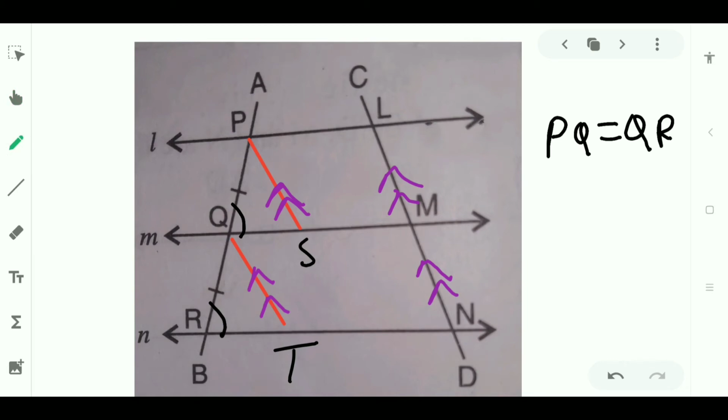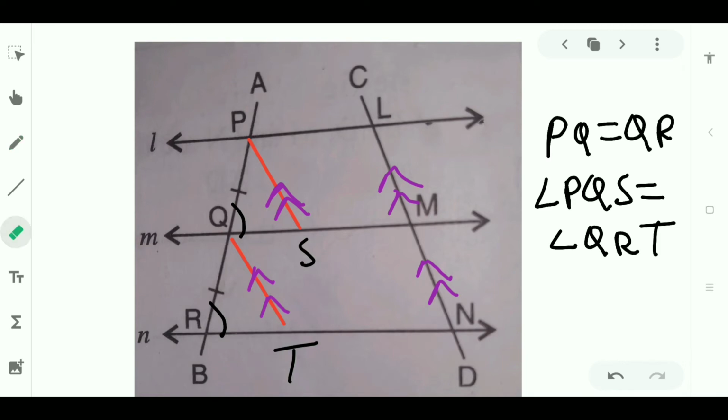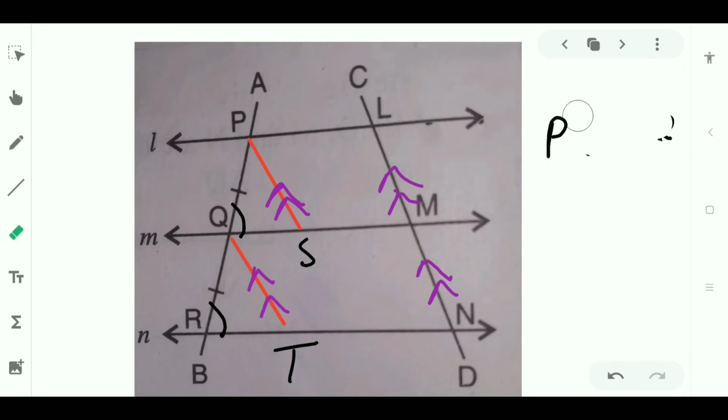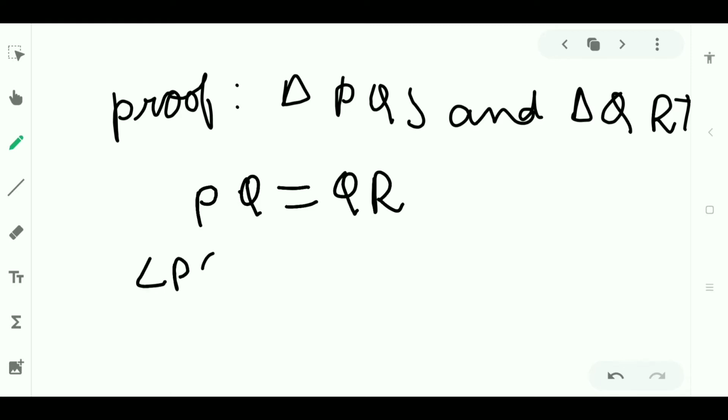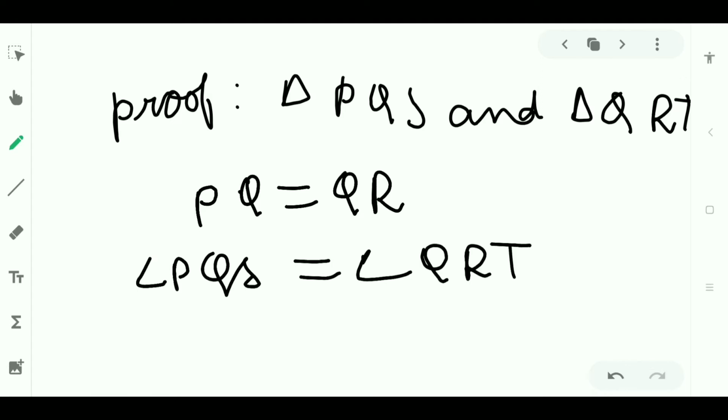So PQ is equal to QR and angle PQS is equal to angle QRT.